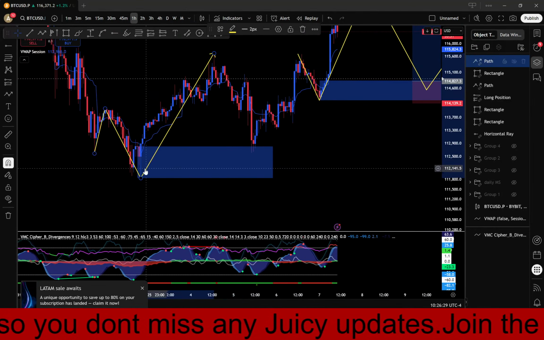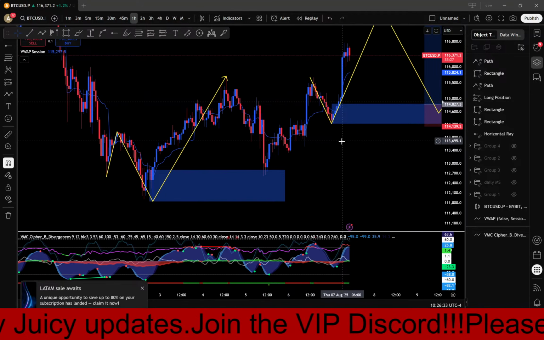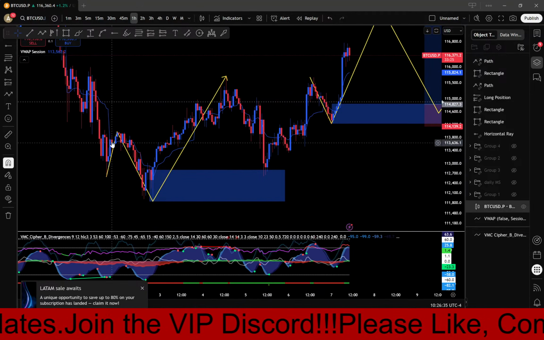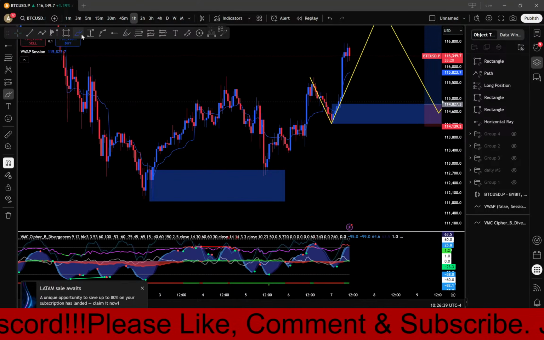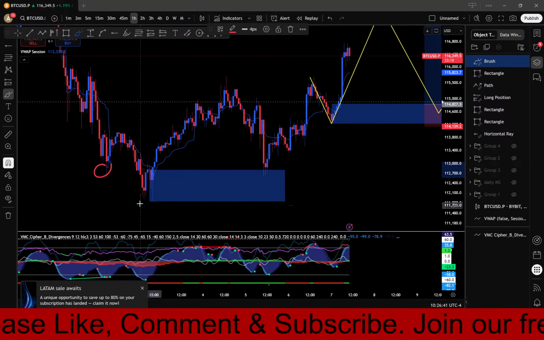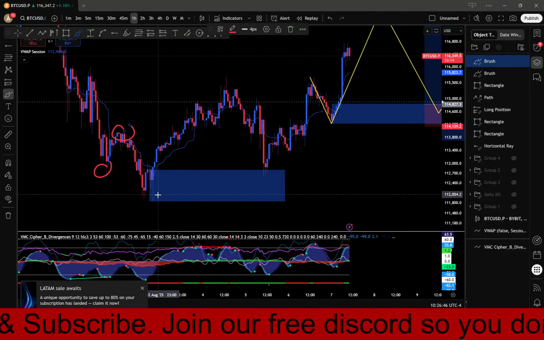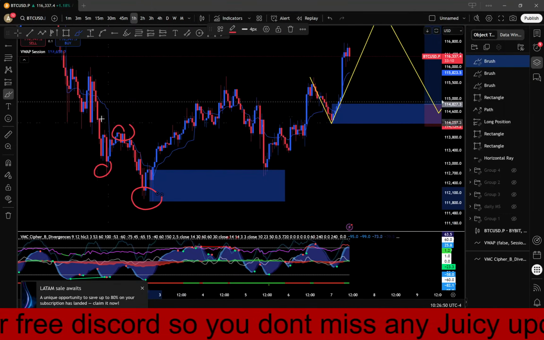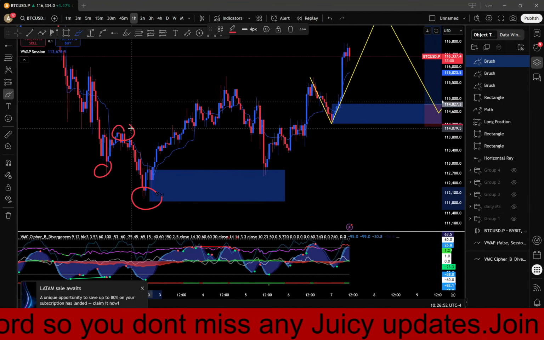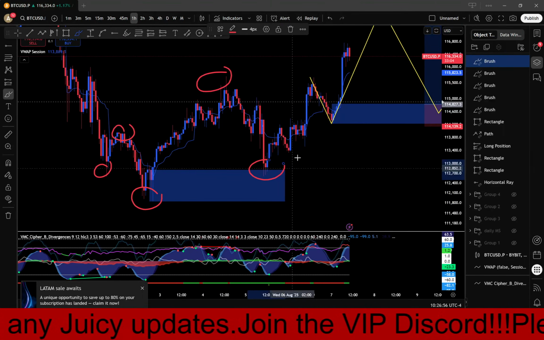So let's see what we have going on at the lows here. Basically, what we did was we made a low, we made a lower high, and then we made a lower low, and then we flipped market structure, taking out the previous high here to make a higher high, and then we made a higher low.